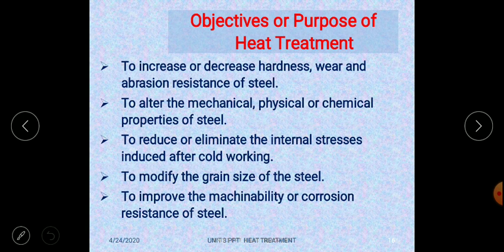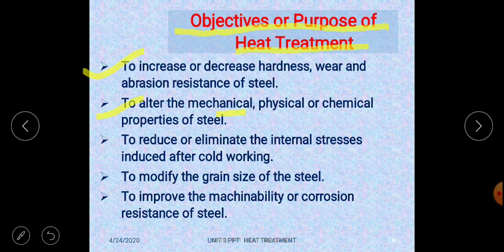So before that, what are the objectives or purpose of heat treatment? We'll try to understand. First objective is to increase or decrease the hardness, wear and abrasion resistance of steel. Next one, to alter the mechanical, physical or chemical properties of steel.